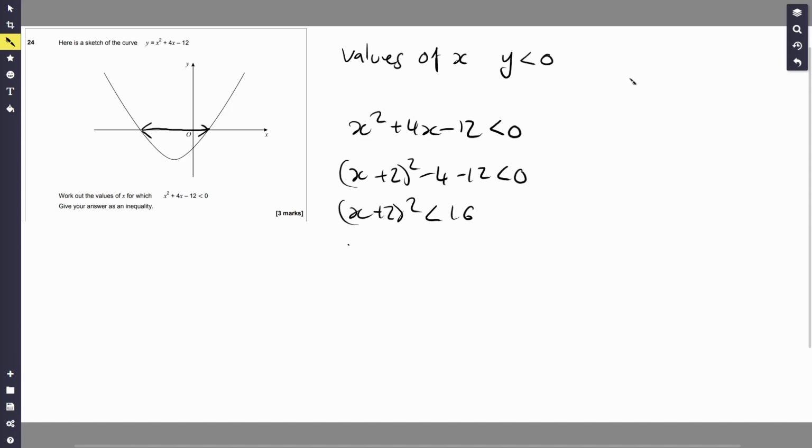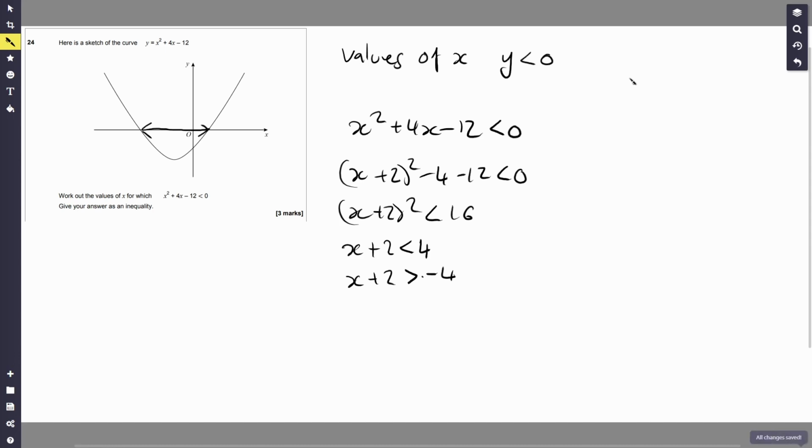I'm now going to square root both sides, and this is where the inequalities get a bit tricky. So when we do that, we're obviously going to get 2 answers. So we can say that x plus 2 is less than 4. And we can also say that x plus 2 this time is greater than minus 4.